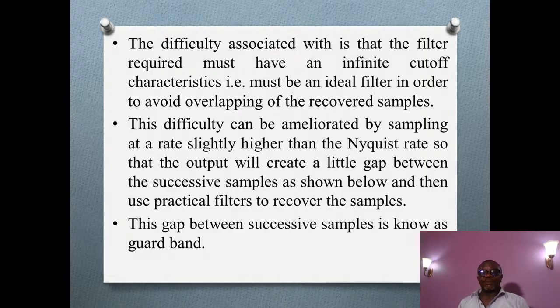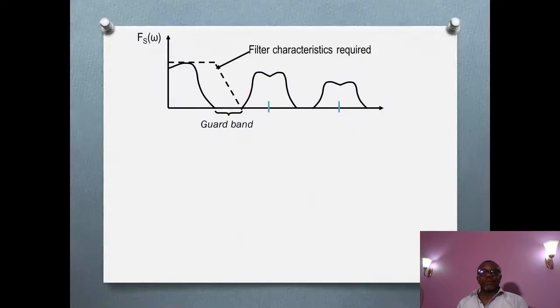This gap between successive samples is known as the guard band. So you can see now, if you sample at a rate a little higher than the Nyquist rate, gaps will be created between one sample output and the other.